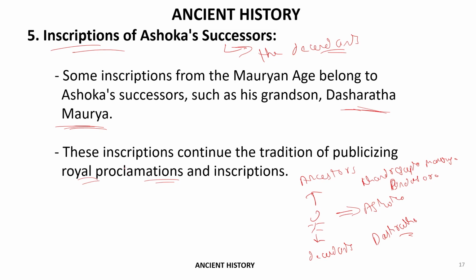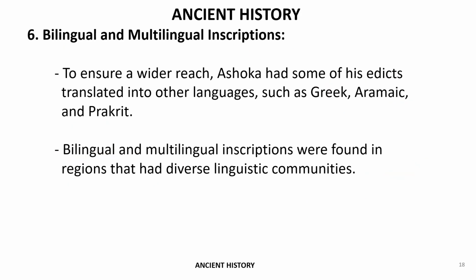Okay, a similar concept was continued by his descendants or successors like Dashrath, who was the grandson of Ashoka. These inscriptions had the royal proclamation, what the royal family had decided for the people, how it will impact the people, what the good opportunities in this are. All these things are mentioned on these inscriptions. Okay, now let's move forward.